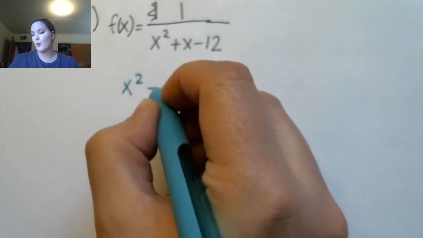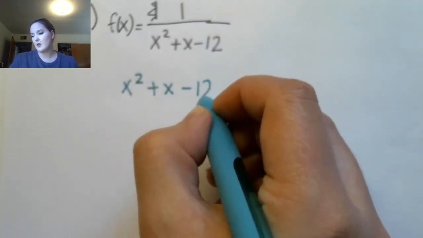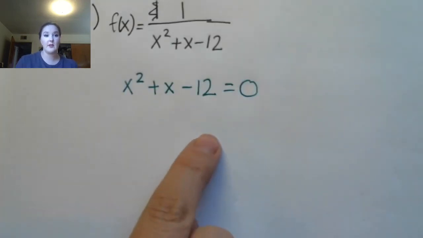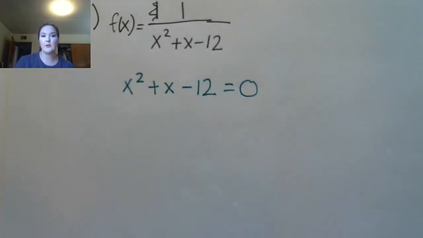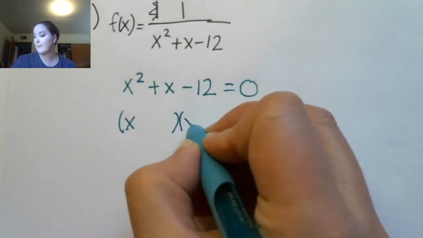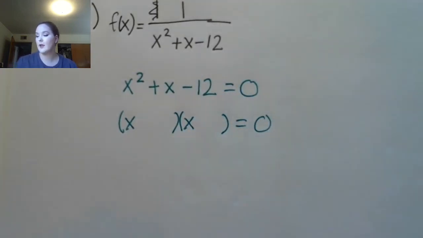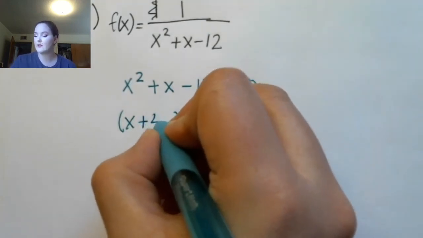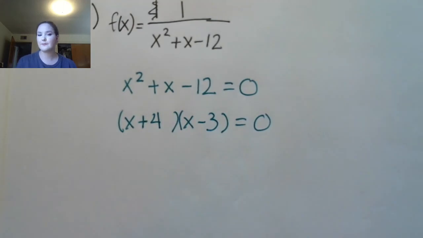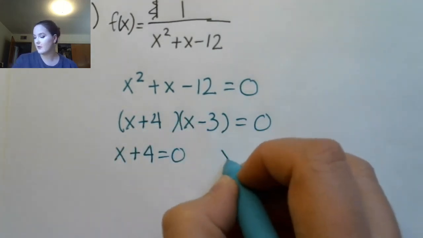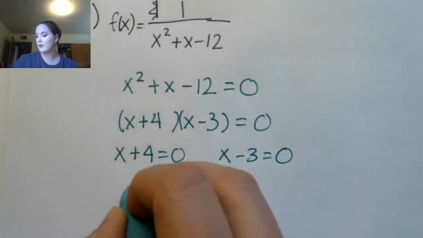So we're thinking about when is this going to be equal to 0? Well, we know how to solve this, right? We can use factoring, we can use extraction of roots, we could use the quadratic formula. So let's give factoring a try. What multiplies to negative 12 and adds to 1? I think it should be plus 4 and minus 3. Set each of my factors equal to 0.